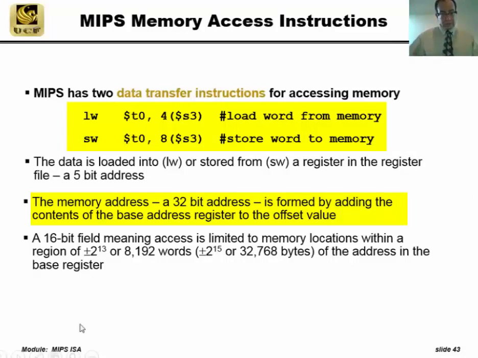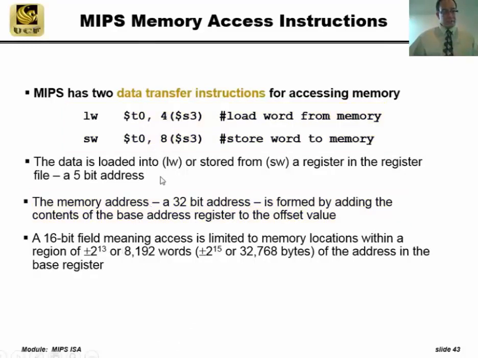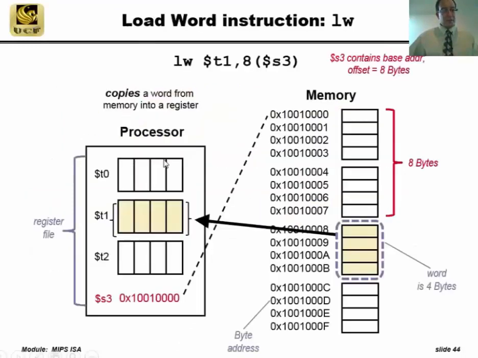So this is the base and the offset. Base is added to offset as unsigned integers, and then that becomes the effective address. There's a number of bytes and bits that this can address, we'll talk about that. The best way to explain it is to show you an example.